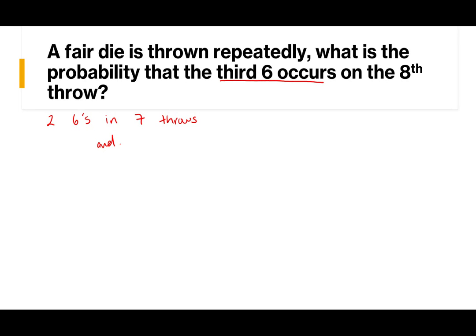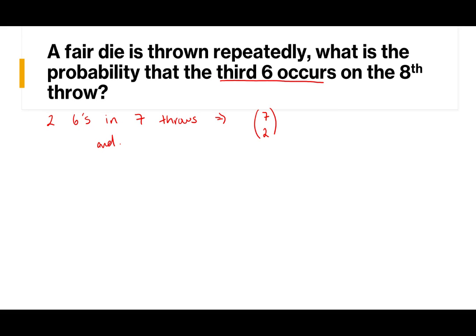Okay, so in this case, I'm going to just use my logic from the first one, that there are 7, and within that 7, I'm choosing any 2 successes, because it can be any one of those successes. Okay, and actually the better way to write this, and the way you'll see it written, is 7 choose 2.